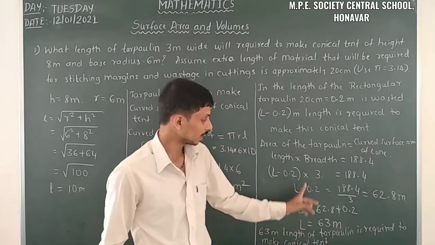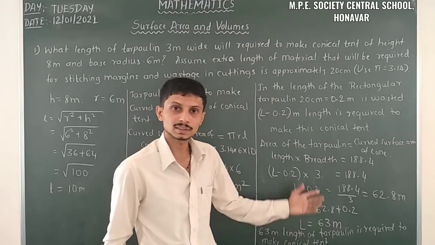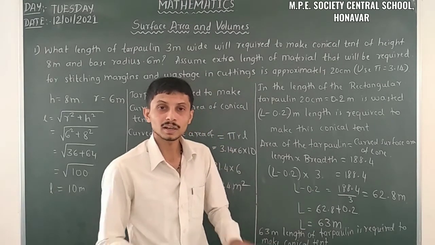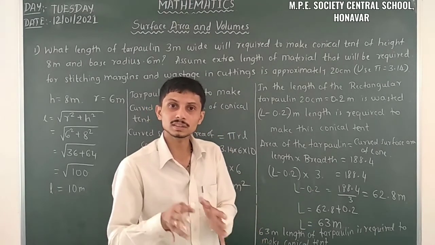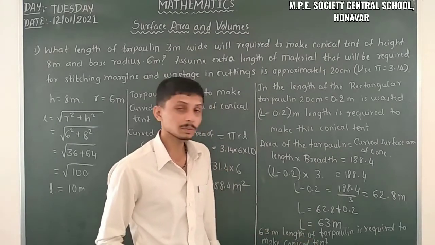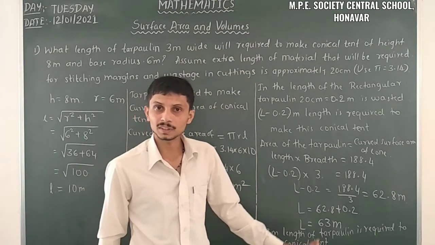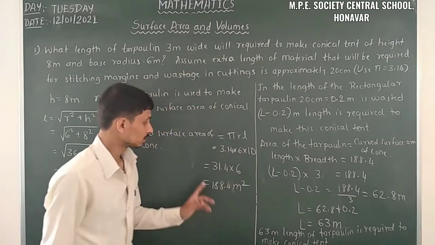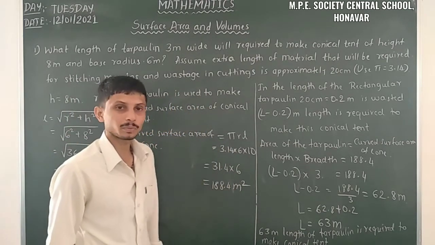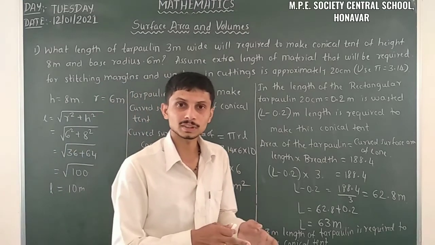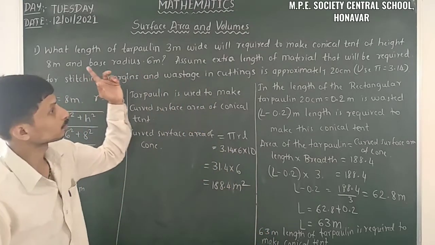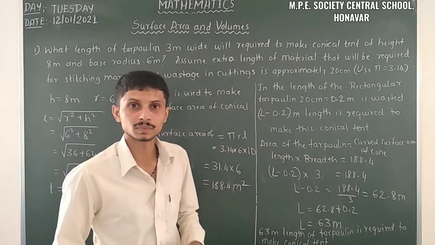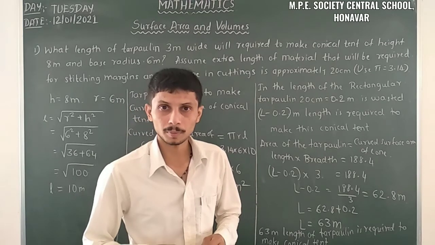When you solve this equation you get the complete length, 63 meter, along with the stitches and wastage. So 63 meter of tarpaulin is required to make this conical tent of curved surface area 188.4, where the height is 8 meter and the base radius is 6 meter. Let us move on to the next problem.